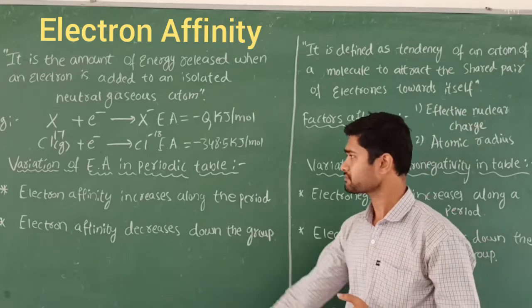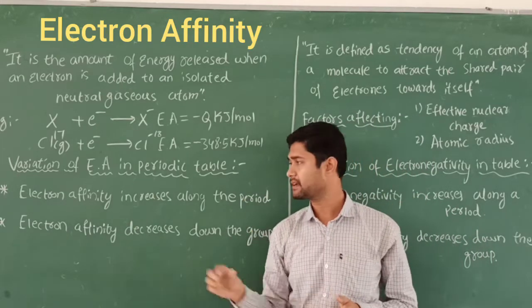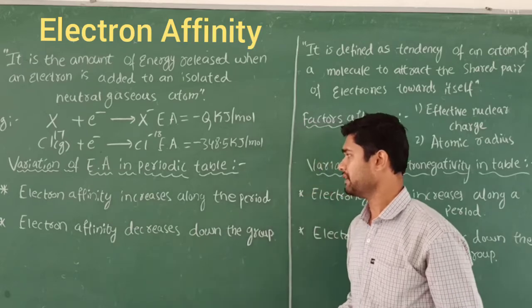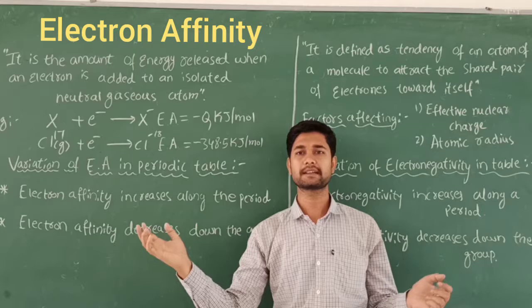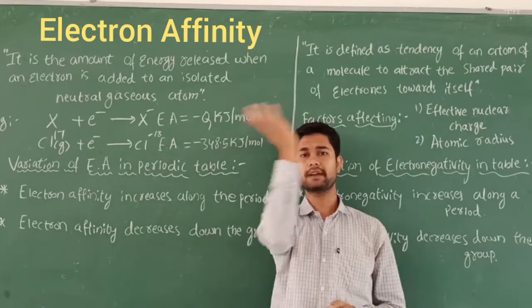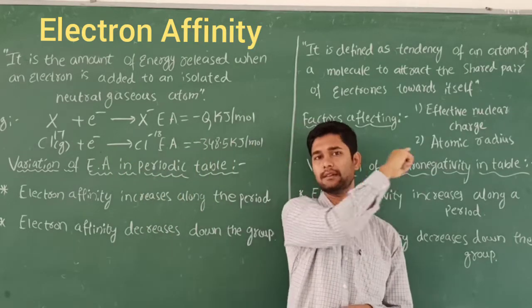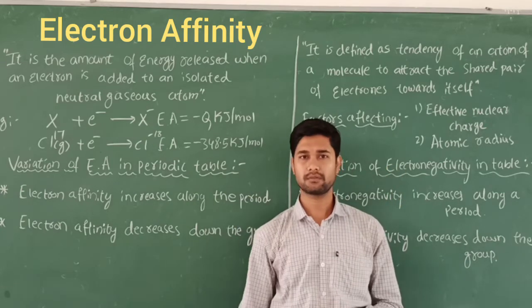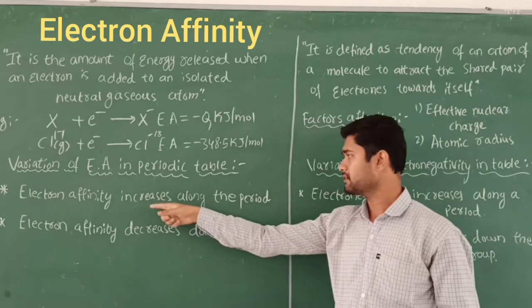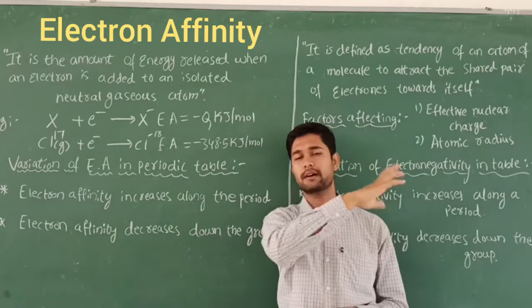When you look at the periodic chart, electron affinity increases along the period, from left to right. This horizontal row we call a period, and the vertical column we call a group. Why?